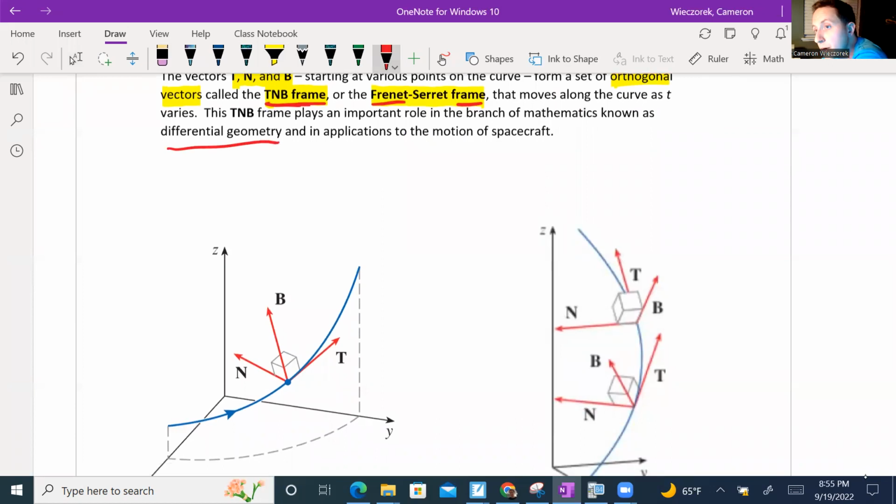Differential geometry is a very popular research-based field in mathematics where this comes up. And lots of times you'll see this in applications of spacecraft. Pilots need to know the TNB frame to be able to calculate things like torsion, how much a plane might be spinning through the air, wing motion, things like that. The TNB frame can help you.